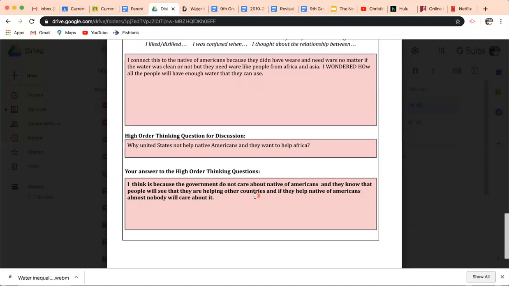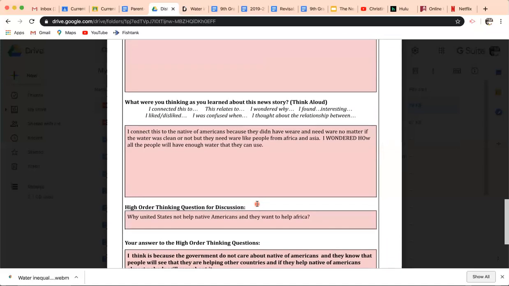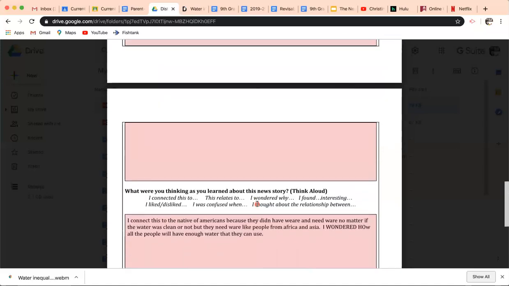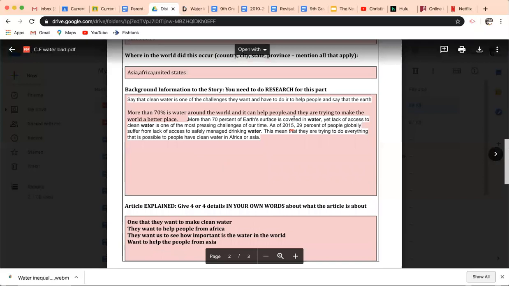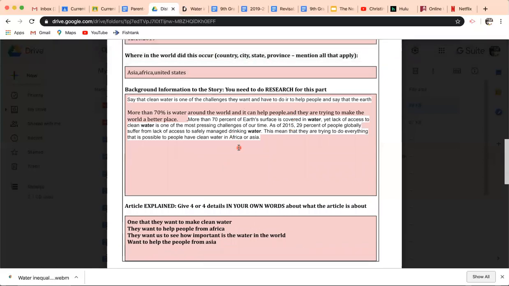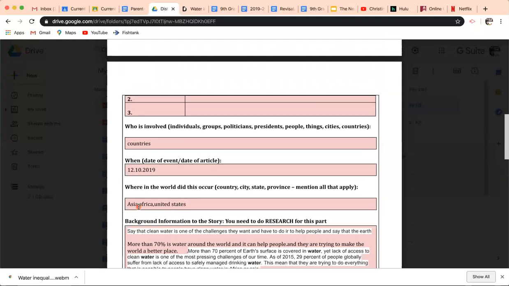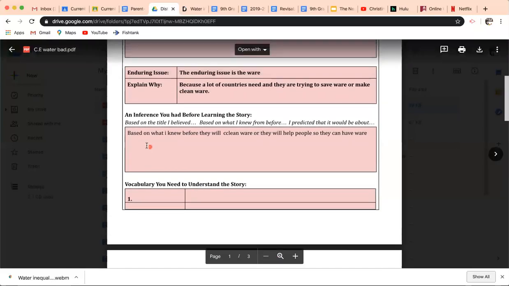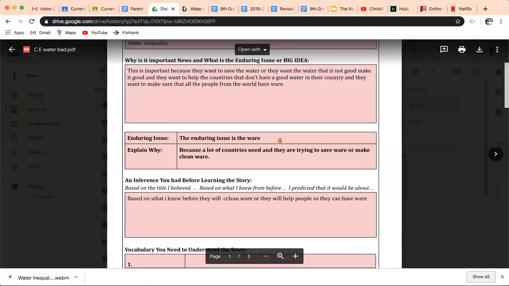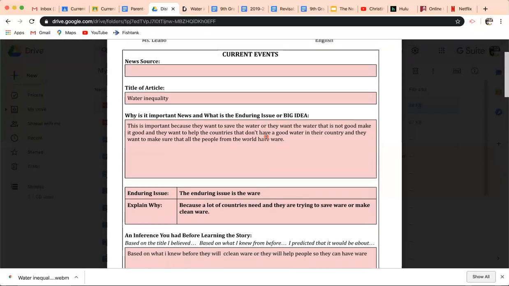Okay, so again, this one is an example of one that you do not want to copy or emulate because things like the article explained is too short, the background information was copied from some source, this was not specific enough, there was no vocabulary, this was very short, and why it's important, I don't know, did not get spell check.